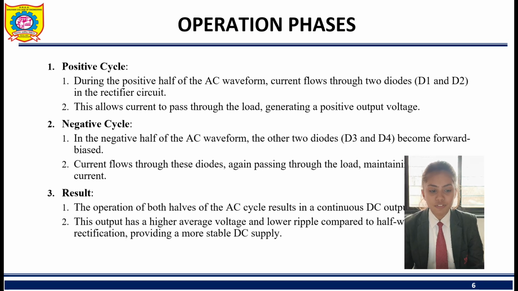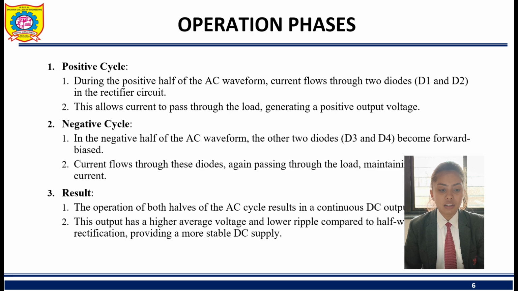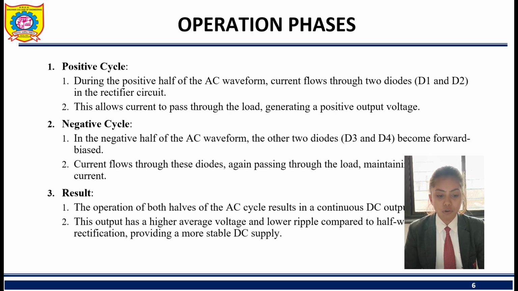Operation phases: first positive cycle, second negative cycle, and third result. In the positive cycle, during the positive half of the AC waveform, current flows through two diodes D1 and D2 in the rectifier circuit. This allows current to pass through the load, generating a positive output voltage. Then second, the negative cycle.